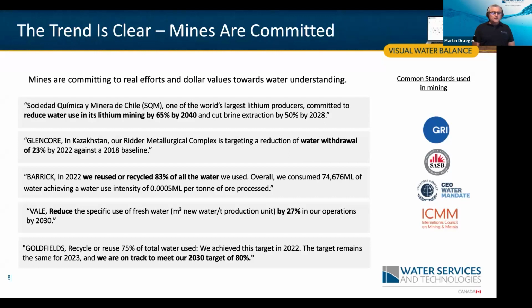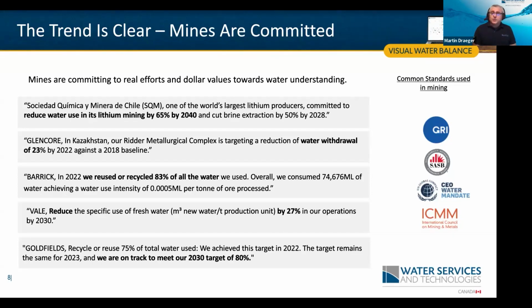Now, they're saying all of these things and we're seeing things, but what's actually happening out there? What is actually the trend? For me, it's clear mines are committed. One of the largest lithium producers is committed to reducing its water use for lithium mining by 65% by 2040.